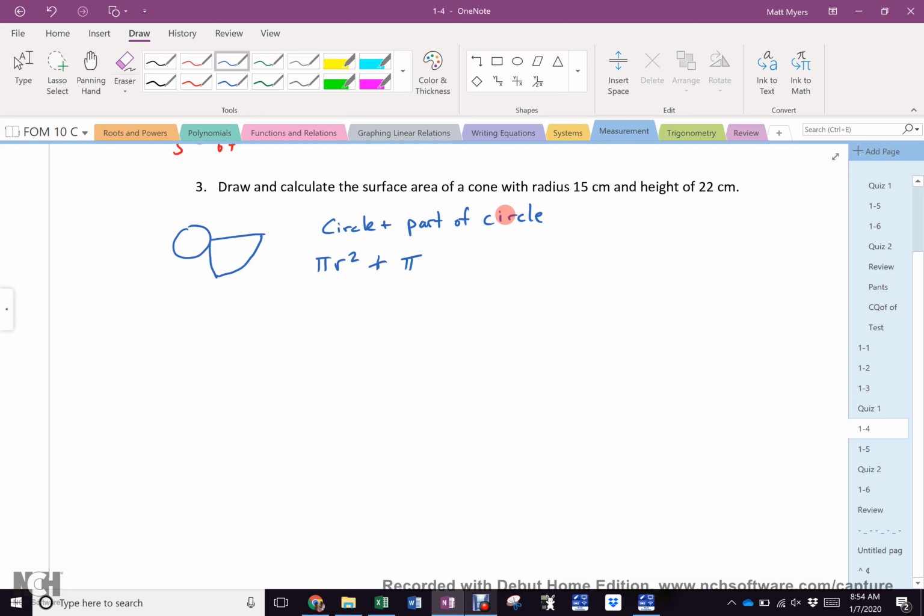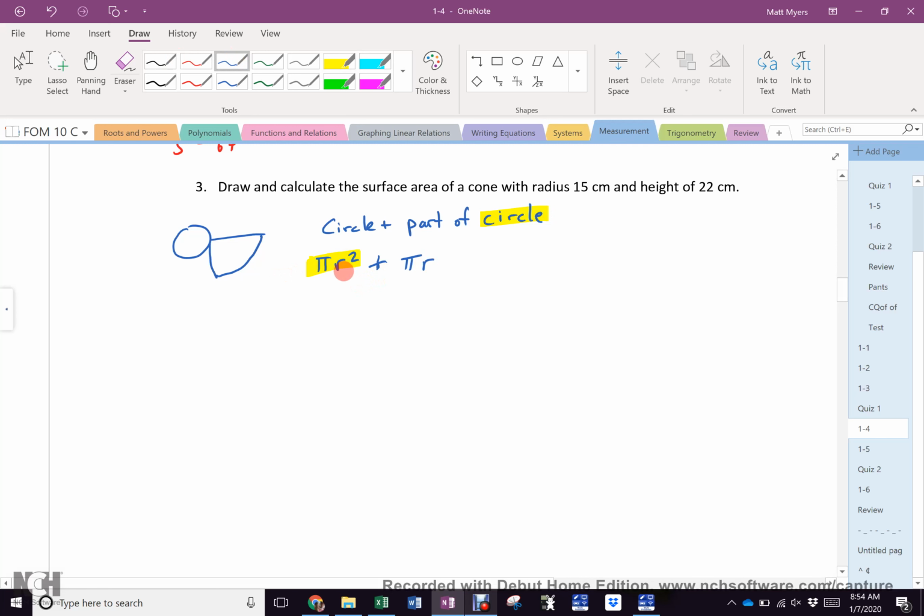Again, look at the area of the circle. It's only got 2 parts to it. Pi and radius. I'm dealing with a circle again, aren't I? So I must be dealing with pi and radius.